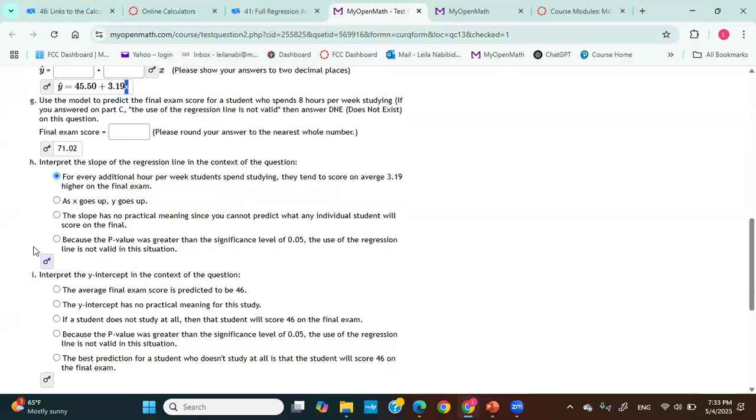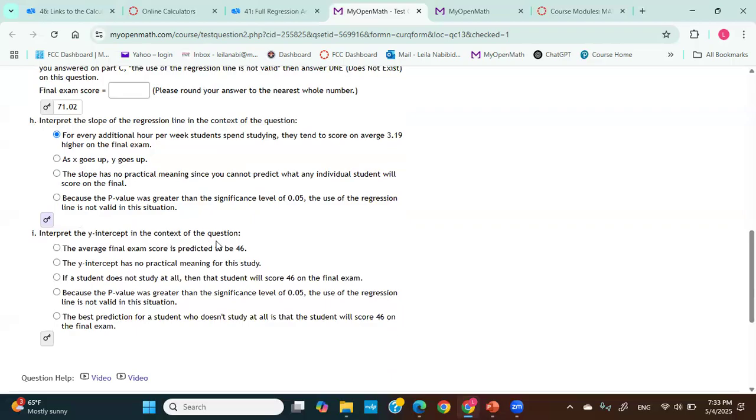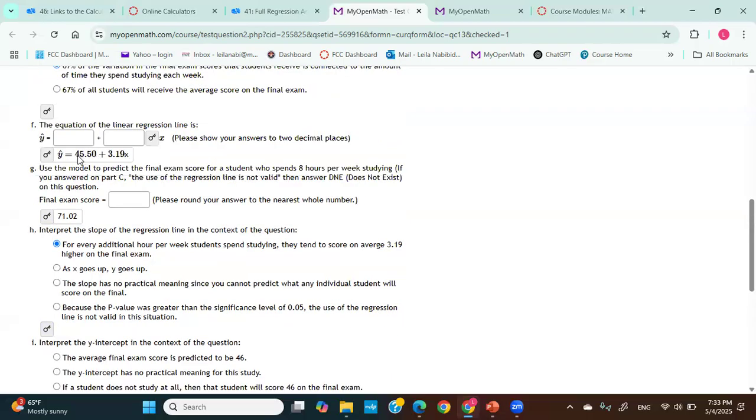Now, if I want to interpret the y-intercept, the y-intercept is the number that doesn't have any x, which is 45.5. That's my y-intercept. And the y-intercept is always the number when x is 0.